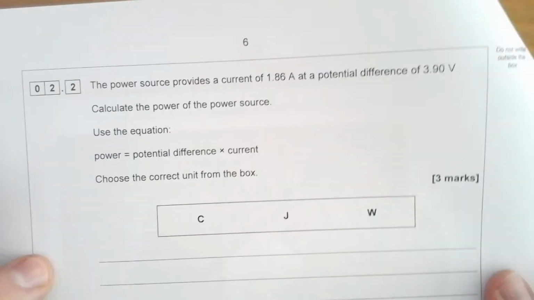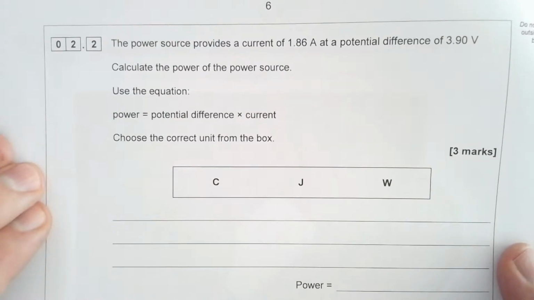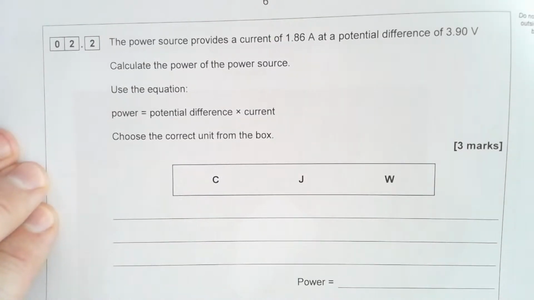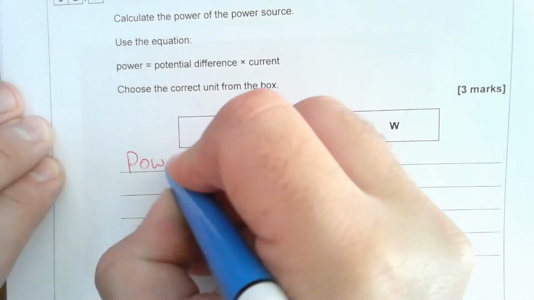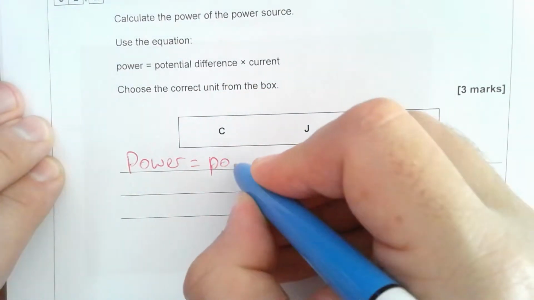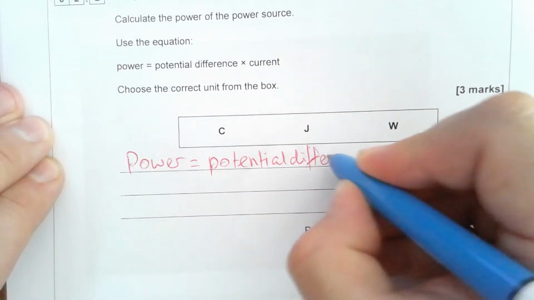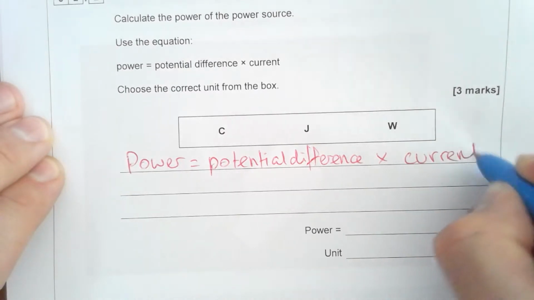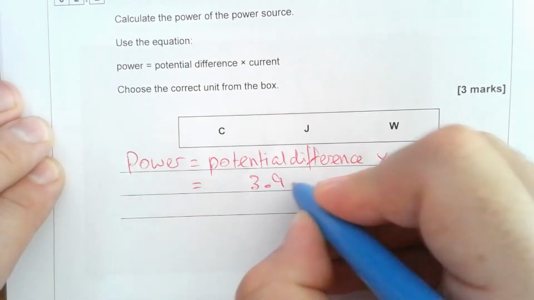So we have a calculation question next. The power source provides a current of 1.86 amps at a potential difference of 3.9 volts. Calculate the power of the source using the equation power equals potential difference times current. So power equals potential difference multiplied by current, so P equals V times I. The potential difference was 3.90, so we'll substitute that in.